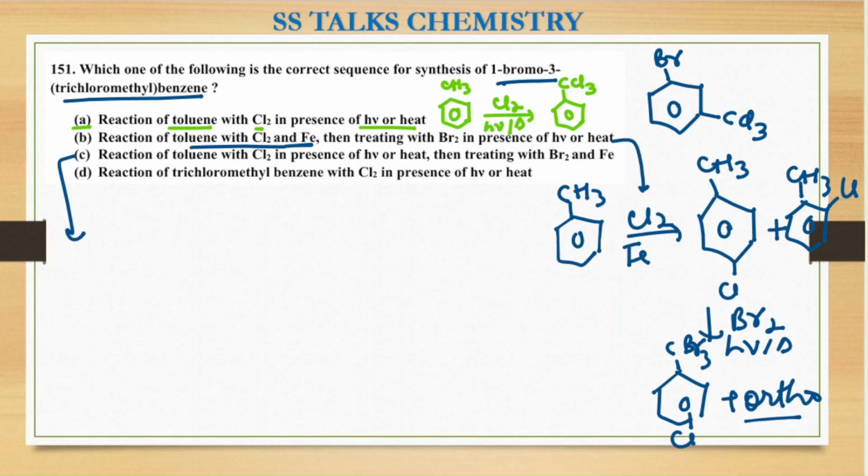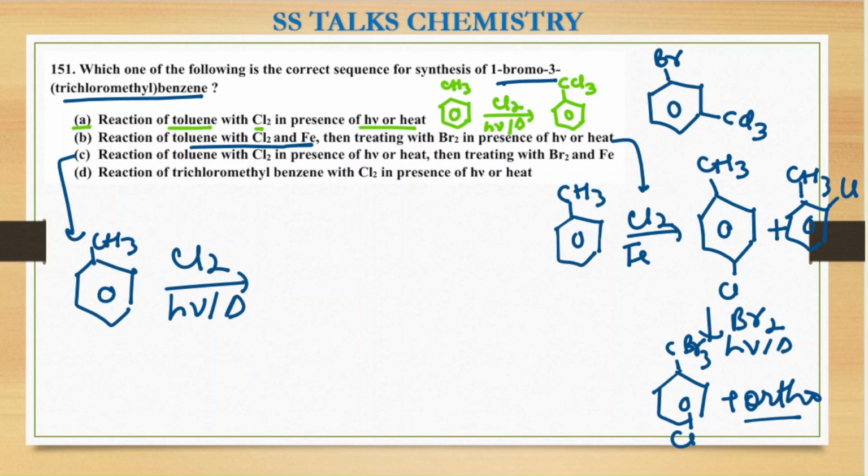Now option C, it says the reaction of toluene, CH3, treated with chlorine in the presence of light or heat. This will replace the hydrogen atoms of the toluene, so we will get a CCl3 group in step number 1.